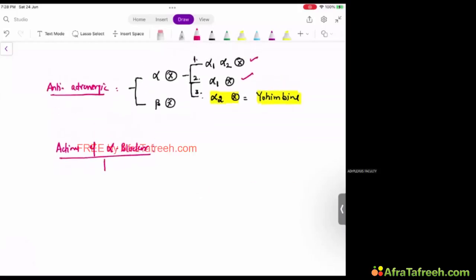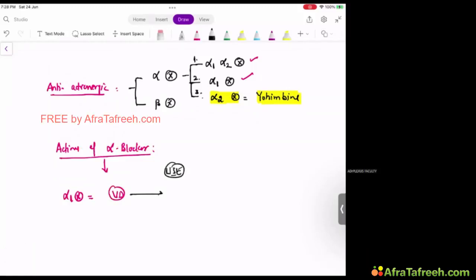So actions are mainly due to blockade of alpha 1. If you block alpha 1, what will be the main actions? Vasodilation. Due to vasodilation, what will be the use of the drug? If vessels dilate, what will fall? BP.